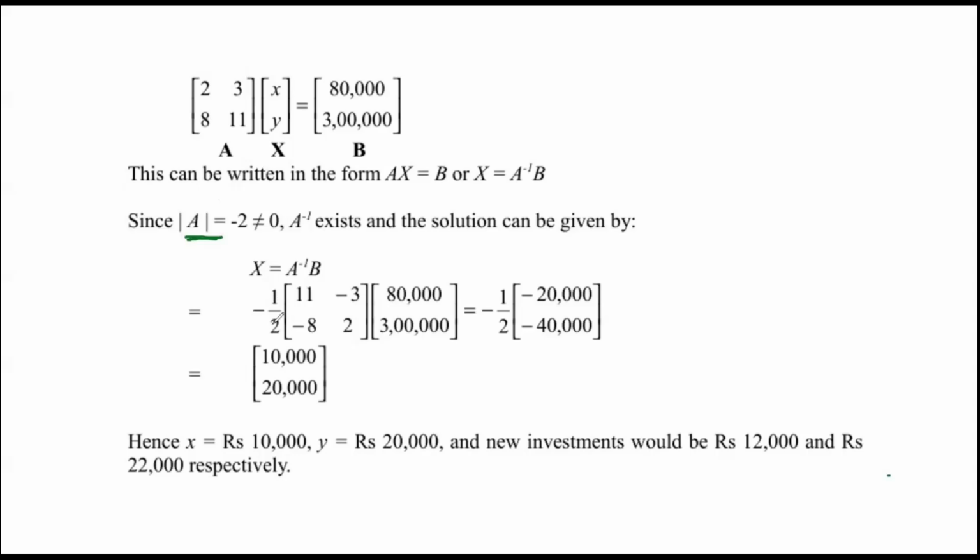Remember, it's 1 over the determinant times the adjoint matrix of this, which means to switch around the 11, and change the sign of the 3 and 3, right? That was happening. So instead of multiplying this into the bracket, don't do that. Multiply this by this, and you get some nice numbers, and then you multiply by the minus a half, and you get some nice flush numbers.